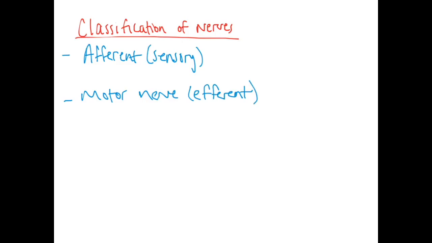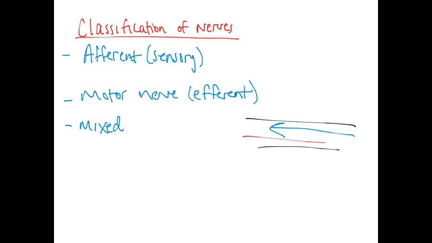So this is only carrying signals away from the central nervous system. And then we can have mixed nerves. So let's say that this is my nerve, and then I have different neurons. Maybe I have sensory neurons carrying information this way, and then motor neurons carrying information this way. That would be a mixed nerve.